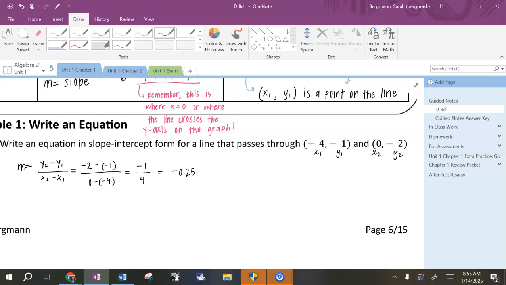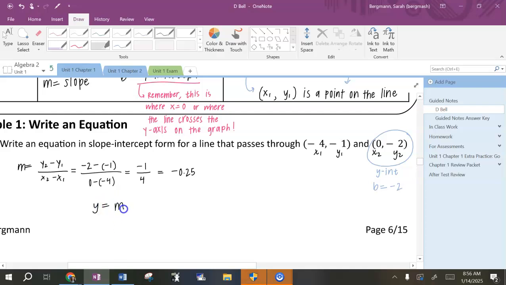In order to write the equation of this line, it'll be helpful to notice that they gave us the y-intercept. This one, 0, -2, I know that's the y-intercept because the x value is 0. So that's telling me that the b value is -2. So if I have the slope and the y-intercept, I'm going to use slope-intercept form.